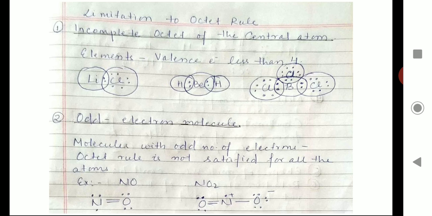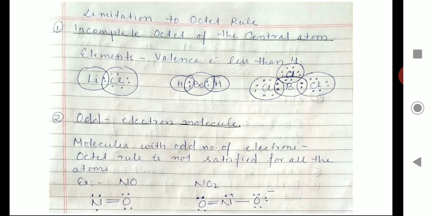For example, we can take NO. If we calculate the valence electrons for N and O and add them, we get 11. But in the diagram, taking one covalent bond as 2 electrons, if we calculate the total number of electrons surrounding or shared with each atom, we will find that oxygen has 8 electrons, so the octet is complete, but nitrogen has 1 less electron than the octet.